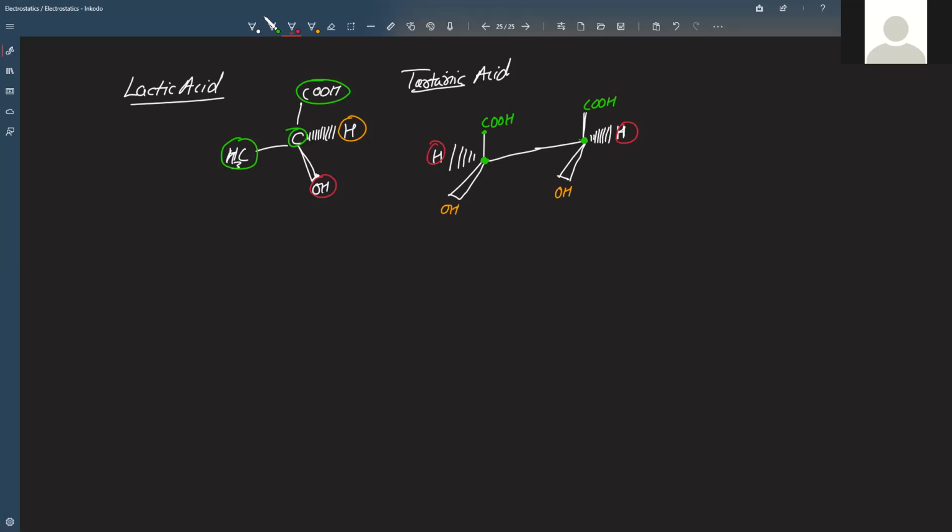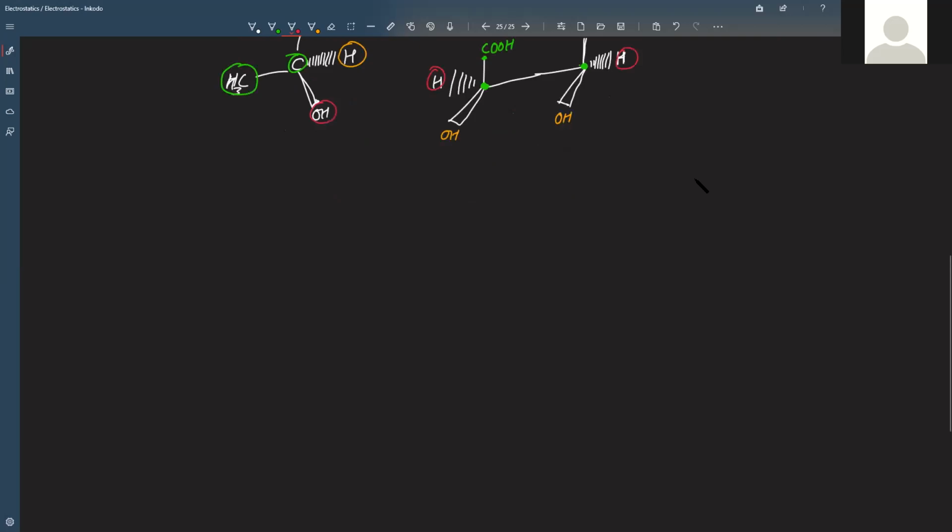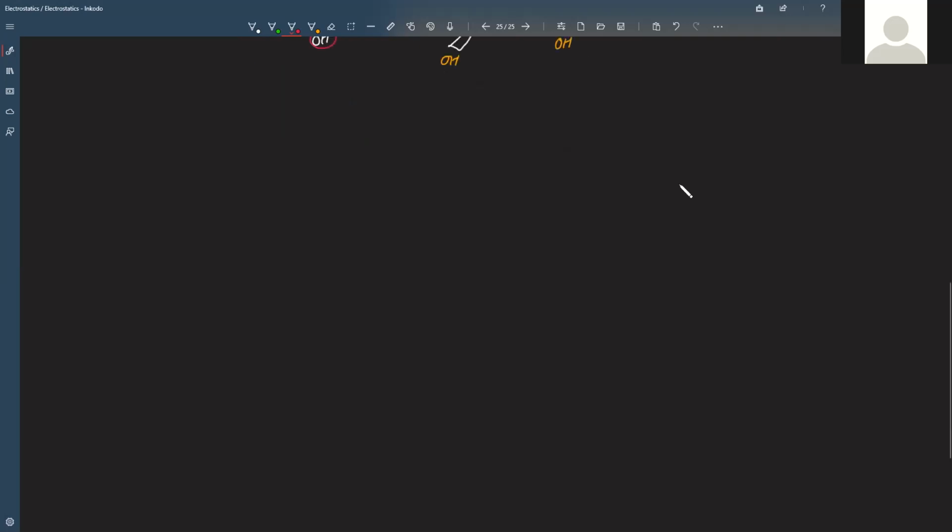And as you can see here, it is a little difficult to draw such structures, but this gives a very clear idea about the orientation of the substituents or the groups which are attached to the carbon atom. So these are the two examples, that is lactic acid and tartaric acid. Now the second representation is called the Fischer representation.